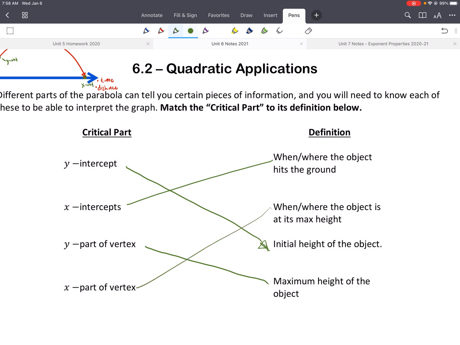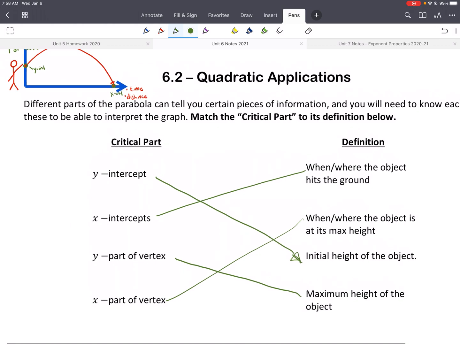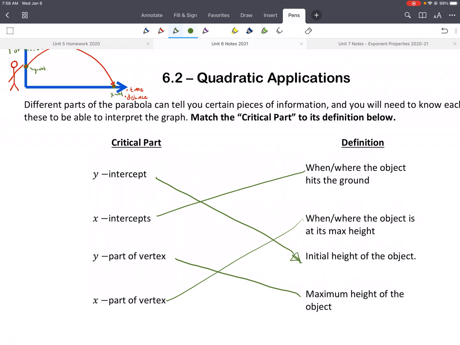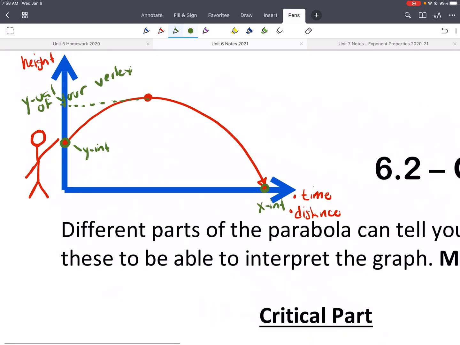And that would be your x part of your vertex. So again, when or where, that's always going to be your x-axis. Okay, so something like this, this value is going to be your x value of your vertex.